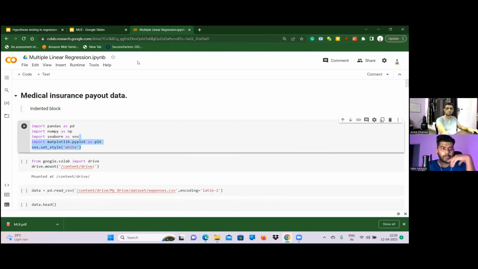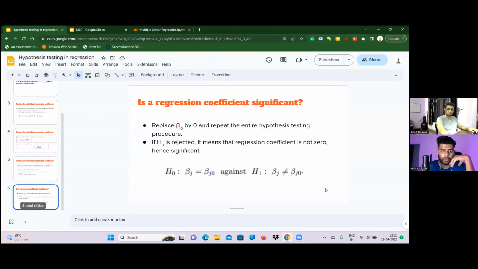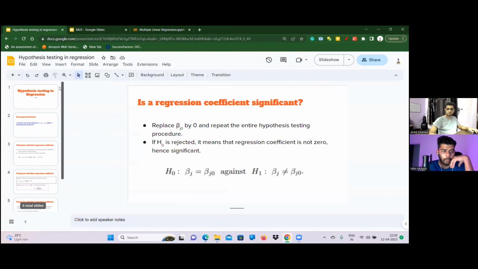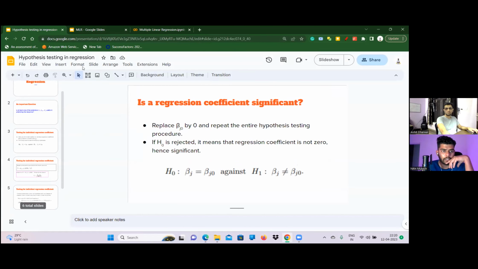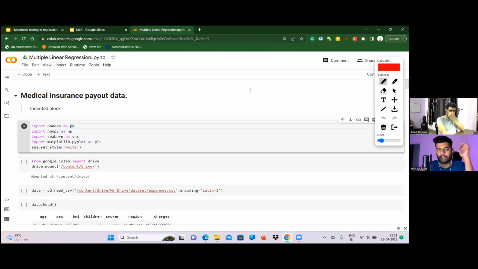We will see this, and in association with this we also have one more thing, how to do hypothesis testing. But I think we will discuss it after this practical section, because this will be more interesting for you. So what we are going to do here is take a multiple linear regression data and try to fit the multiple linear regression.